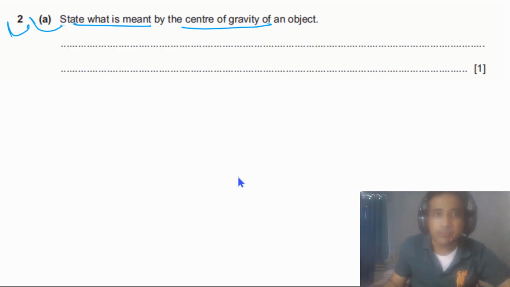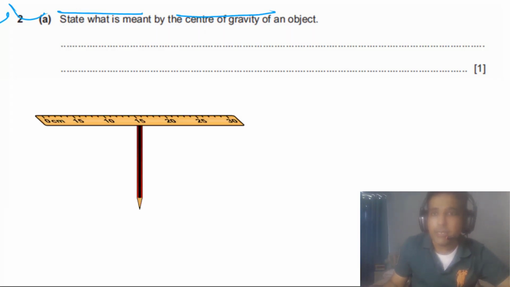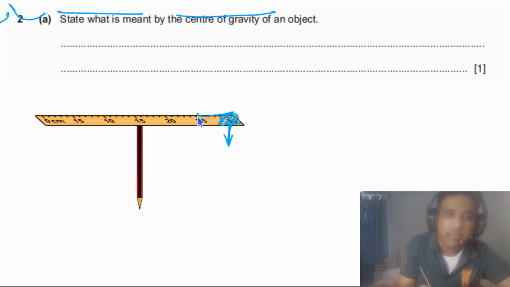Let's try to understand this one with the help of this figure as well. So here I have drawn this figure and I will explain these points again. So first case, I assume that I take only this part of this meter rule. It has certain mass, so it means there is a certain weight that is acting down. And if I take the next part of this meter rule, there is mass, so there is a weight, and I can take the next part, there is mass, there is a weight.